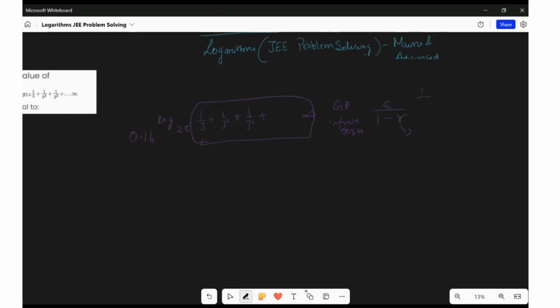Like in this case, we have 1 by 3 plus 1 by 3 square plus 1 by 3 cube. Let's take the first as A, and this as A1, so A1 by A becomes your R. So in this case, our R is 1 by 3. A is the first term, which is 1 by 3.